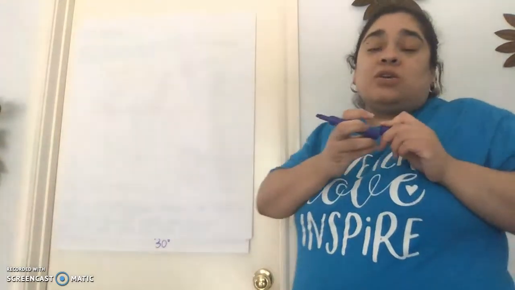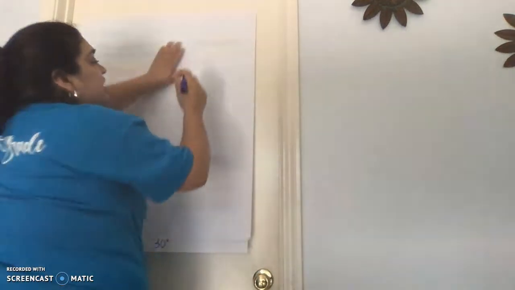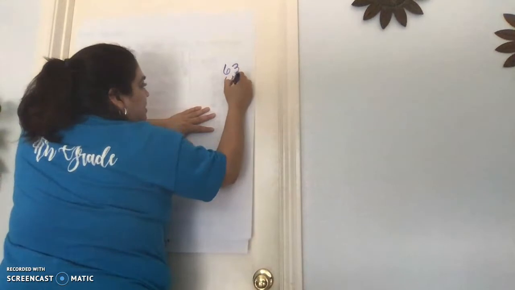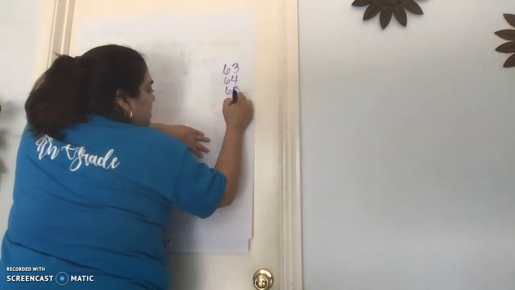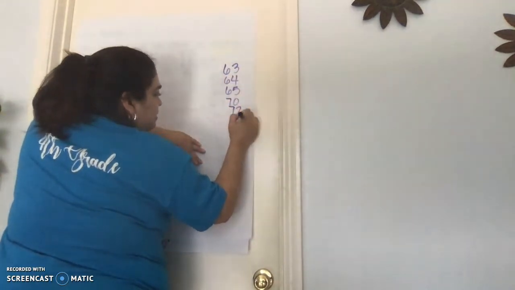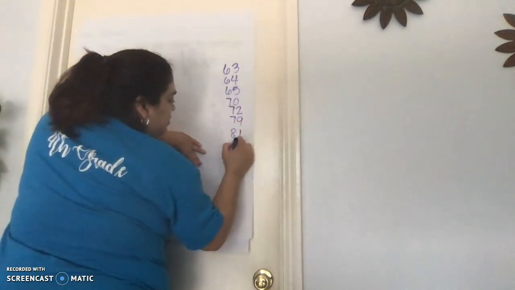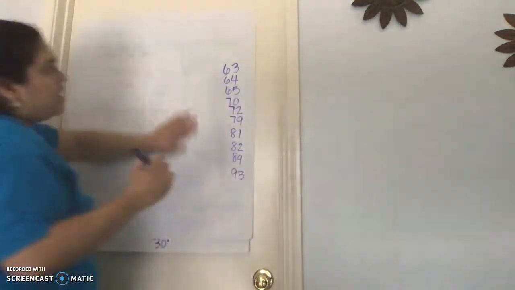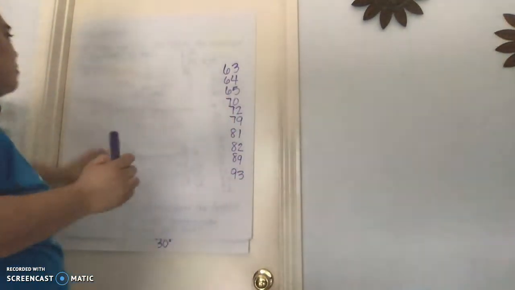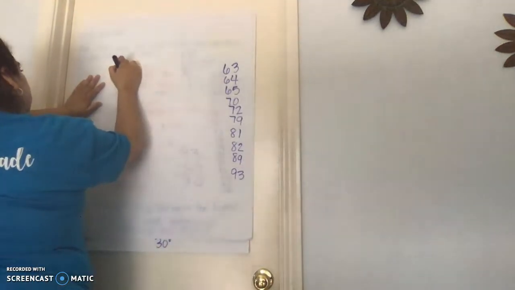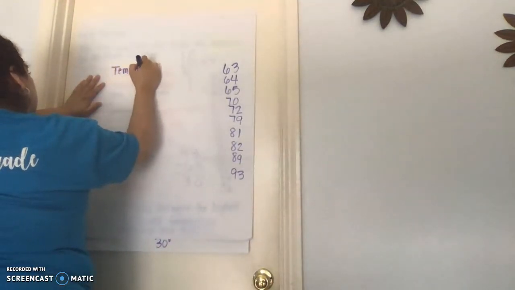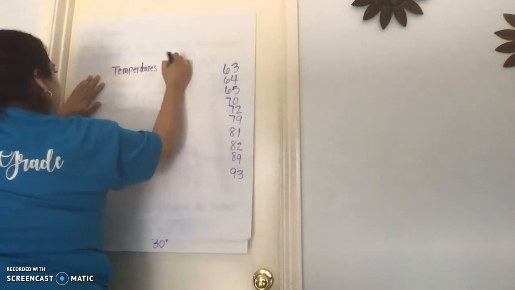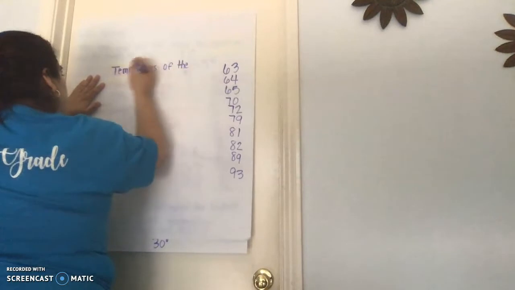Okay guys, if you wanted to create a stem and leaf when we were just given numbers, let's use the same numbers. So if I was given these numbers, and I want to make a stem and leaf using these numbers, my title could be temperatures of the month of April.